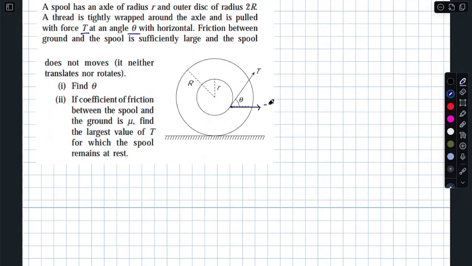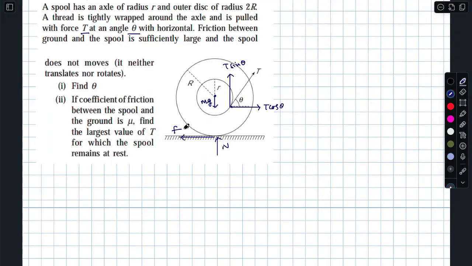Here you can write this is a T cos theta. This is a T sin theta. Okay. Weight force mg, normal reaction force, and frictional force.